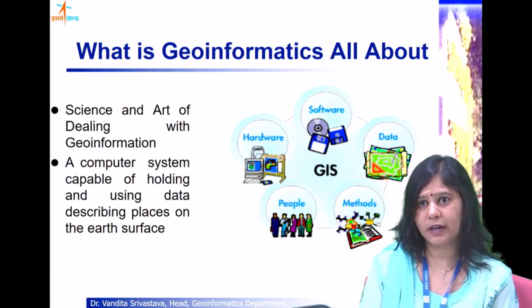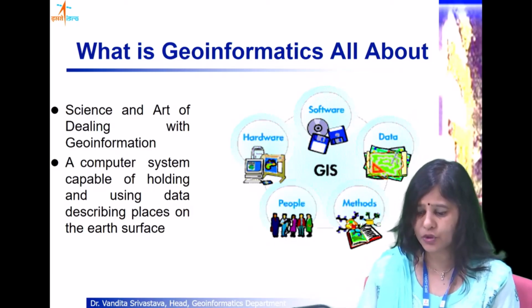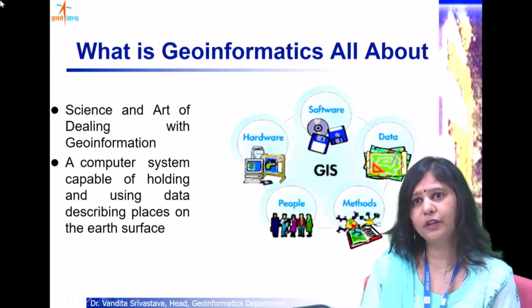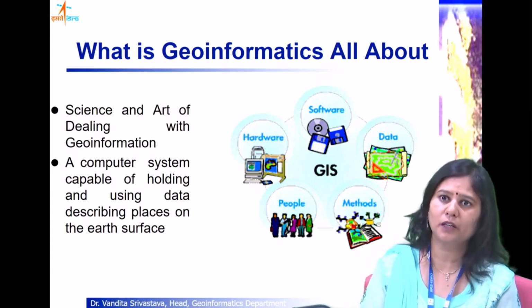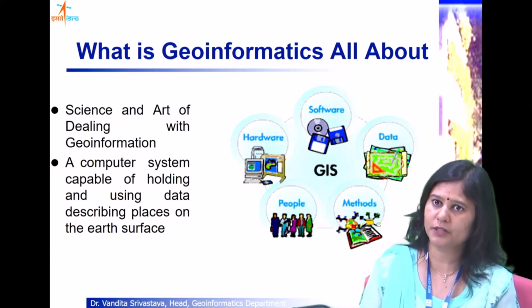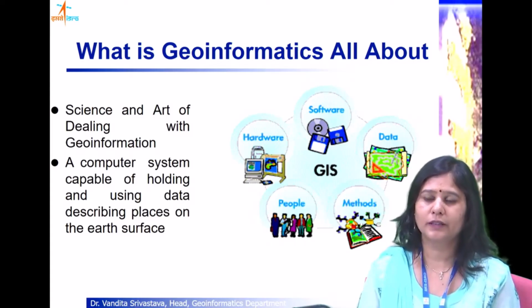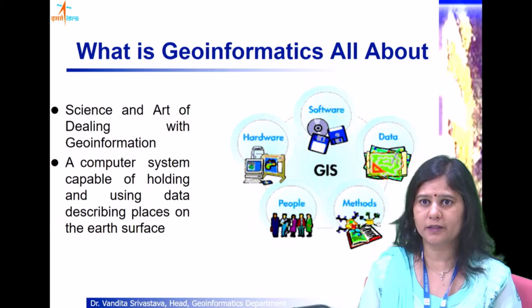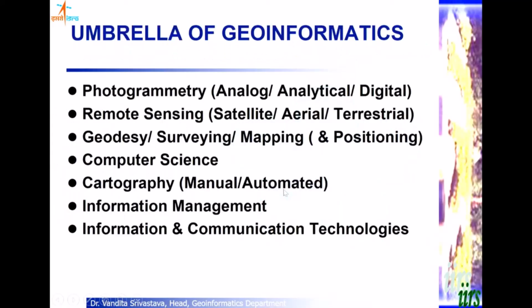When we make a GIS work, we need some specific ways. For every application domain, we require a specific type of processing. Those application-specific methods form the part for methods. So that is all about GIS.